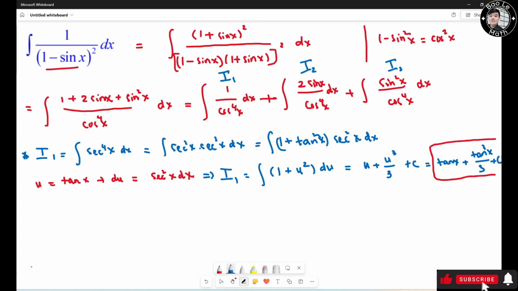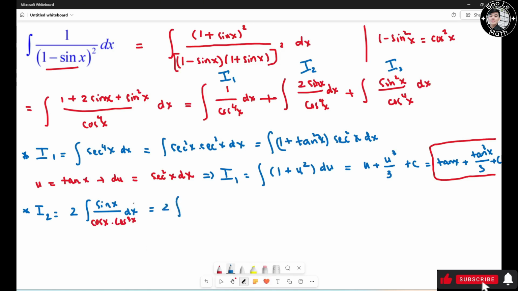Alright, let's move on to I2. I2 equals 2 times the integral of sine s over cosine to the 4 of s ds. We know that sine s over cosine s is tangent s, so I just split cosine to the 4 of s into cosine s times cosine cubed s.